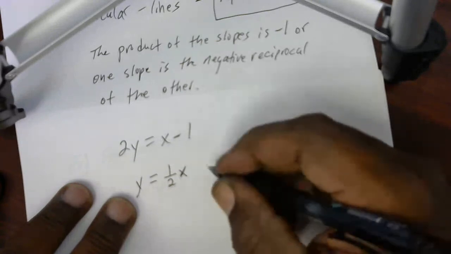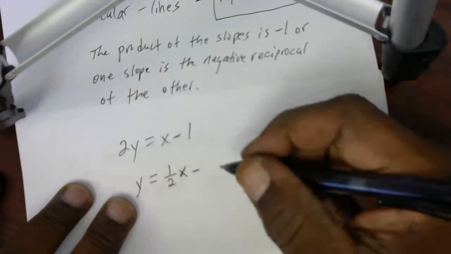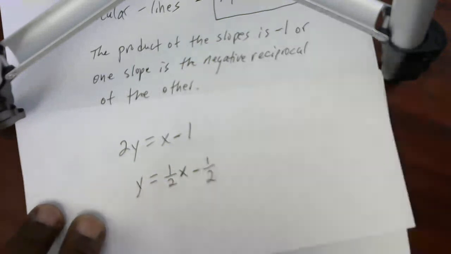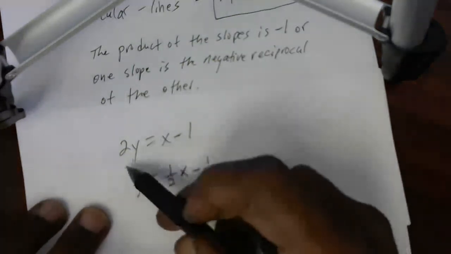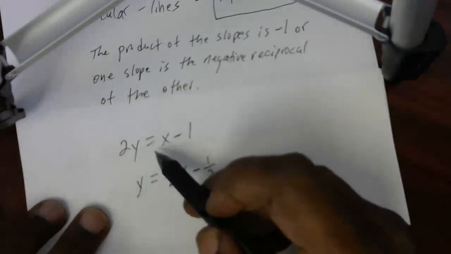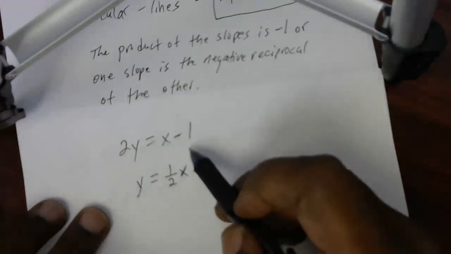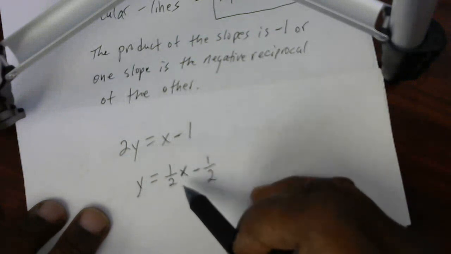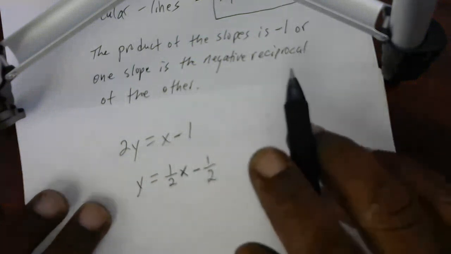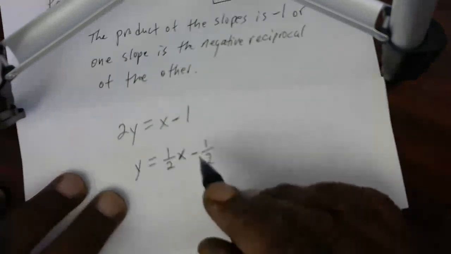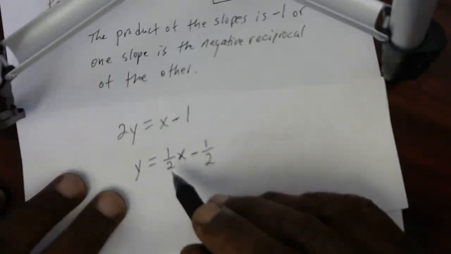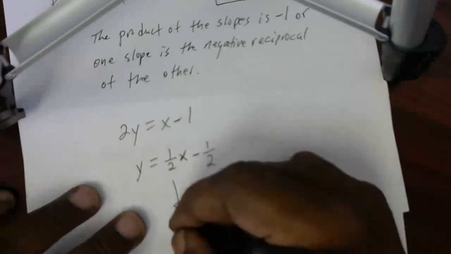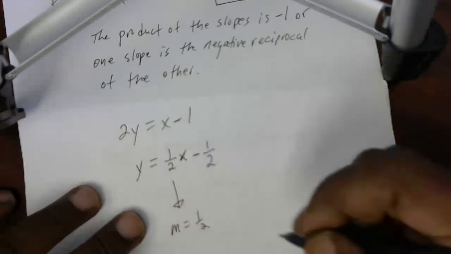So I have 1/2 x minus 1/2, right? So I divided every term by 2. So x over 2 and 1/2 x are exactly the same. Therefore, I can pull out my slope as 1/2.